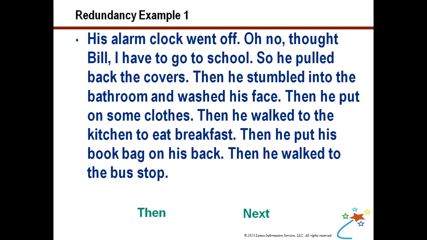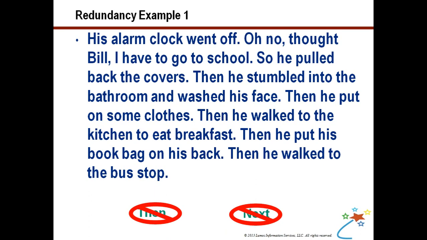They just don't seem to get the fact that you don't usually need to keep repeating then so much, especially when you're describing a series of events that occur sequentially, which means they occur one after the other. They may describe the first event, so he pulled back the covers. They think they have to begin each sentence that describes each event that follows the first event with the words then or next.